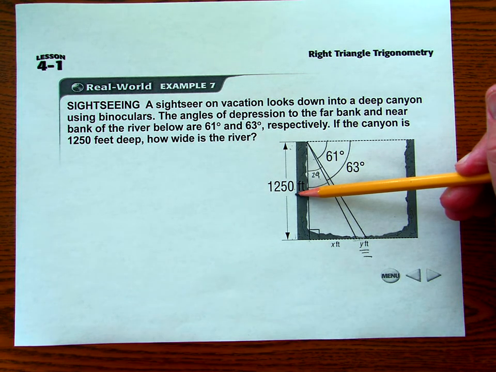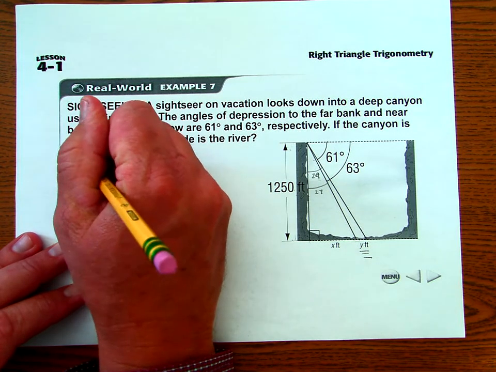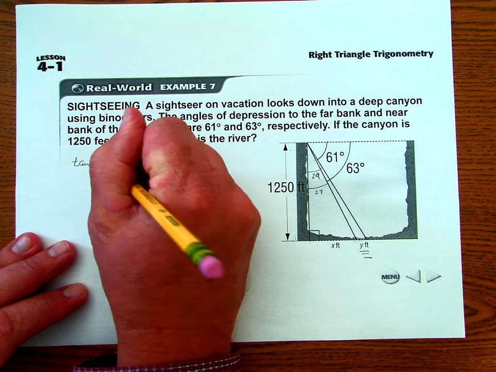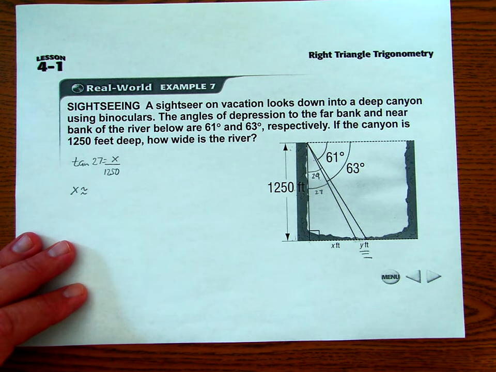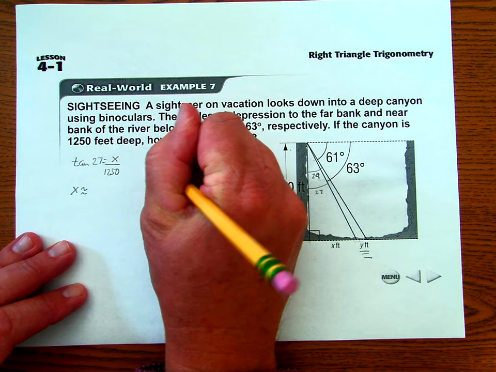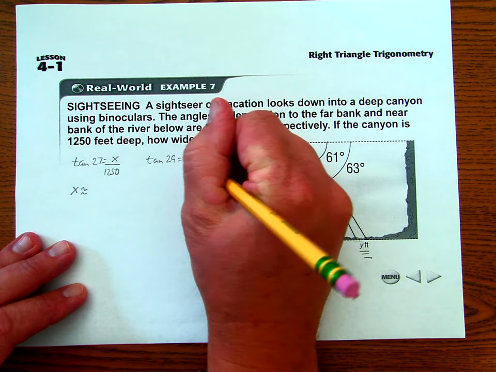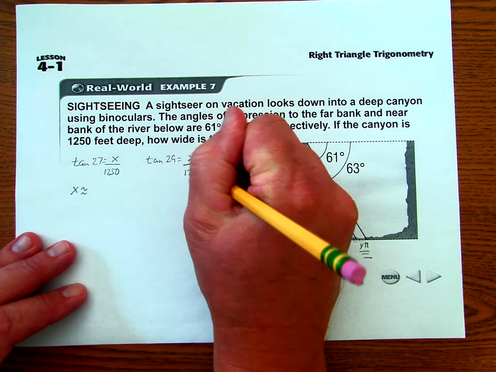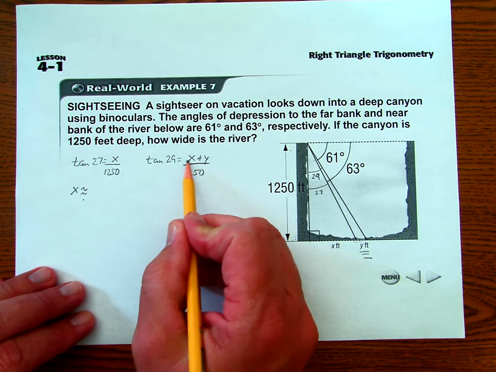The smaller triangle: the tangent of 27 is equal to x over 1250. We can solve that equation and get a number for x. The other equation: the tangent of 29 is equal to x plus y over 1250. So we can get that x, plug it in there, and then solve for that y.